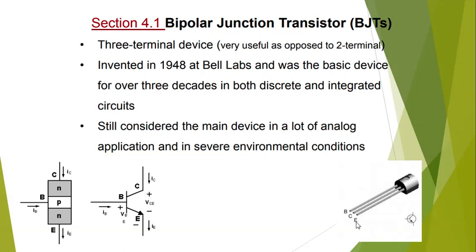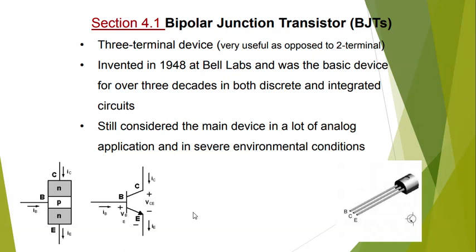If you go to a store and try to buy it, it looks like this shape. It's a 3-terminal device, so it has 3 pins. The pins are named base, collector, and emitter. So B is for base, C is for collector, and E is for emitter.